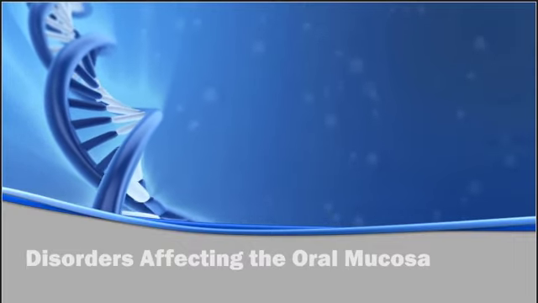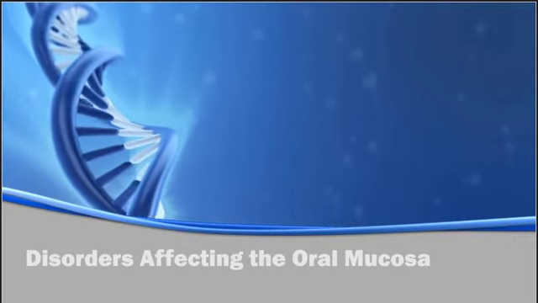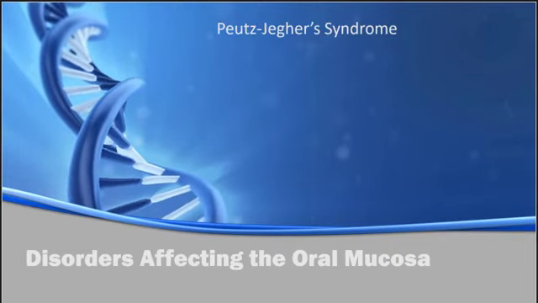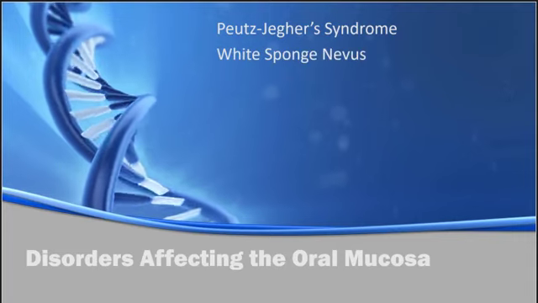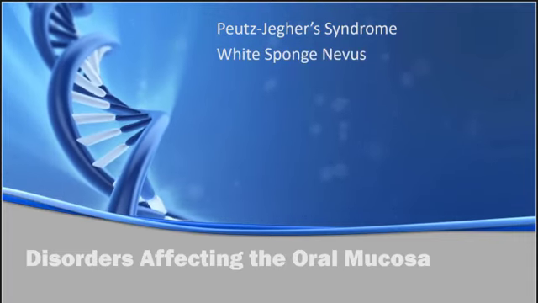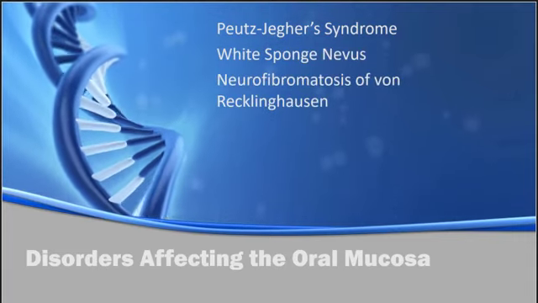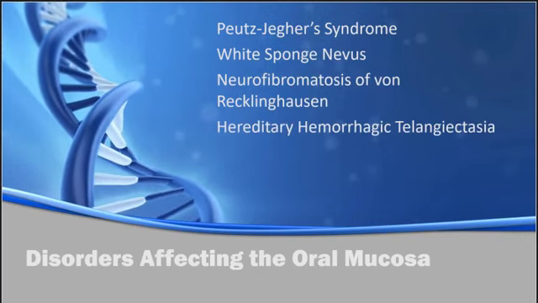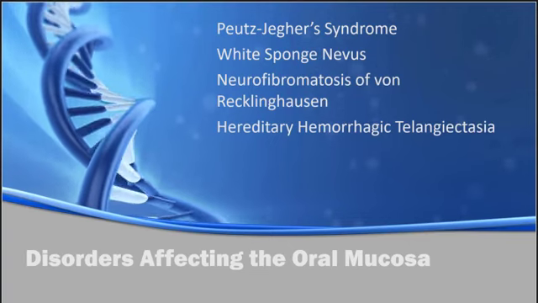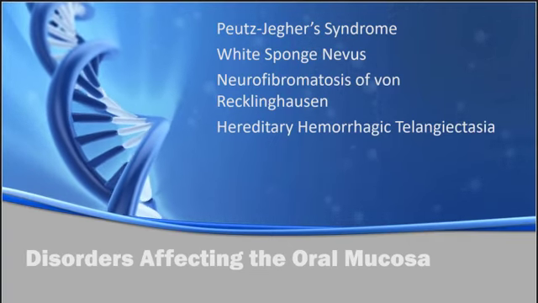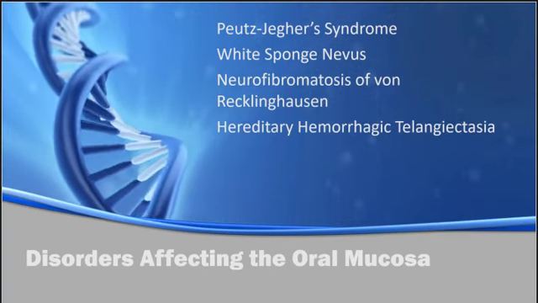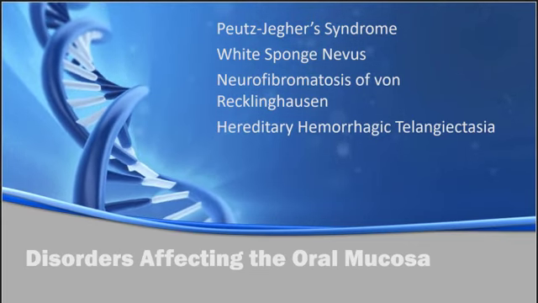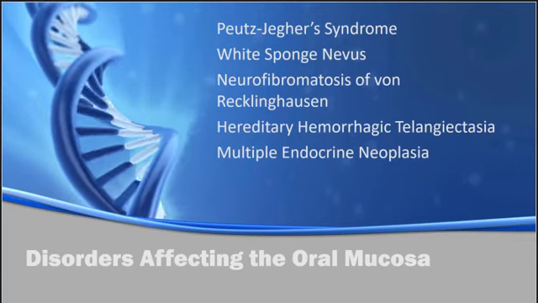This next set of disorders features conditions which affect the oral mucosa. So first we have Peutz-Jegher syndrome, white sponge nevus, neurofibromatosis of von Recklinghausen, hereditary hemorrhagic telangiectasia, and multiple endocrine dysplasia.